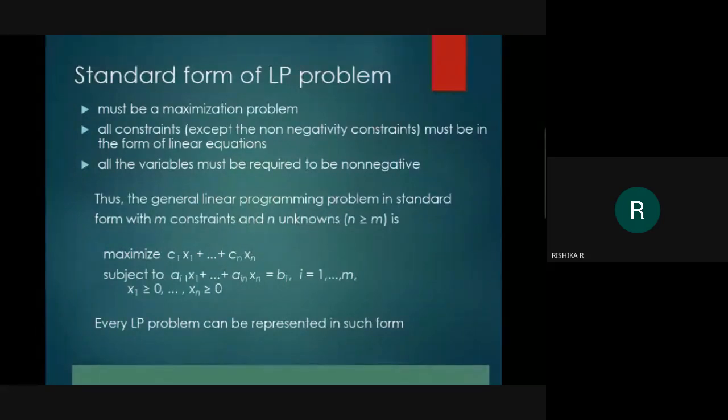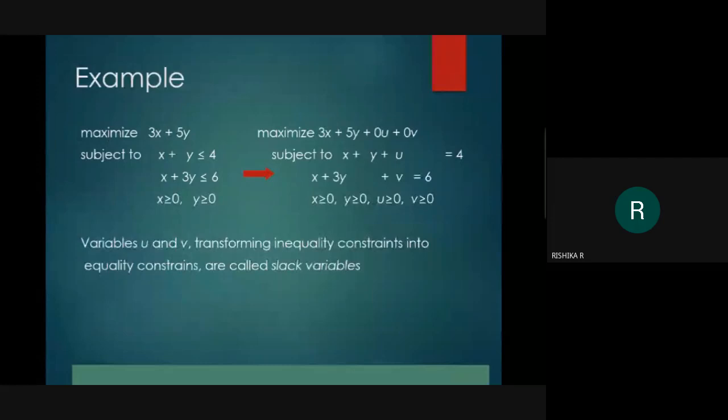I'll repeat this basic idea behind simplex method once again. Your simplex method starts by identifying an extreme point of the feasible region. Then it checks whether the value of the objective function can be improved by going to an adjacent extreme point. If it is not the case, then the current point is the optimal solution, and it will return the current point as the optimal solution.